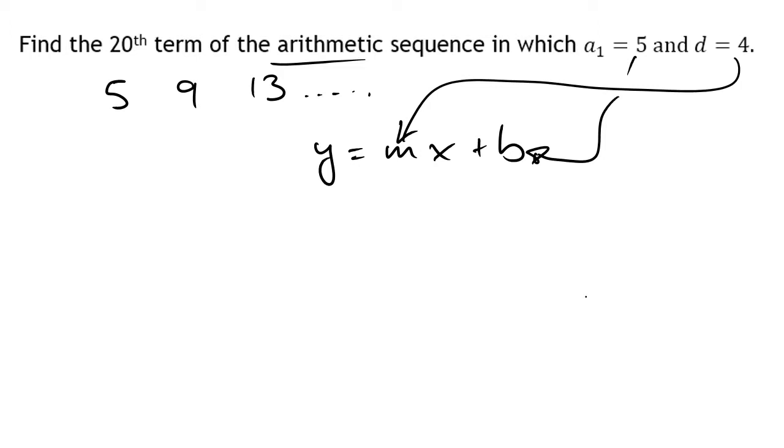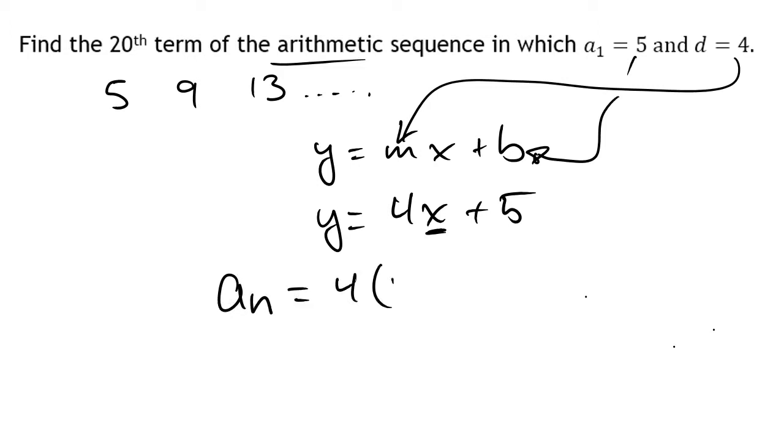So I could start with this equation: y equals 4 times x plus 5. The one thing is this is kind of off by 1. So the adjustment, if I want to write this as an arithmetic sequence, is that the nth term is equal to 4 times the quantity n minus 1, plus the number 5.